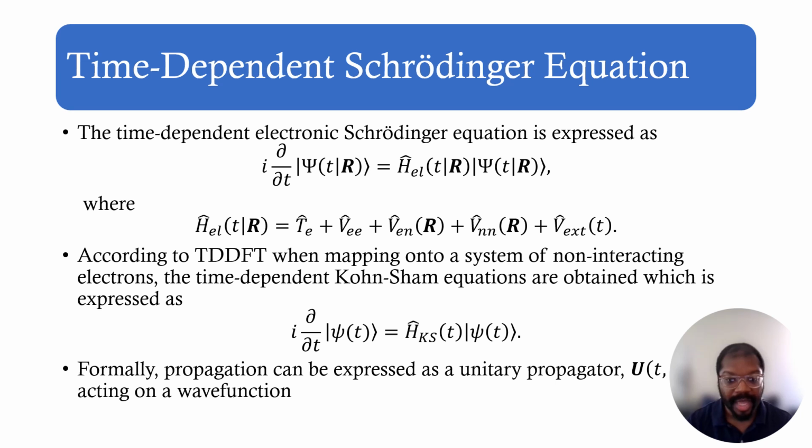By breaking this down and reducing the dimensionality of this equation, which tends to be very high in dimensions, we can express this computationally as a unitary propagator acting on a vector to get future states of that vector, which will produce the wave function over time.